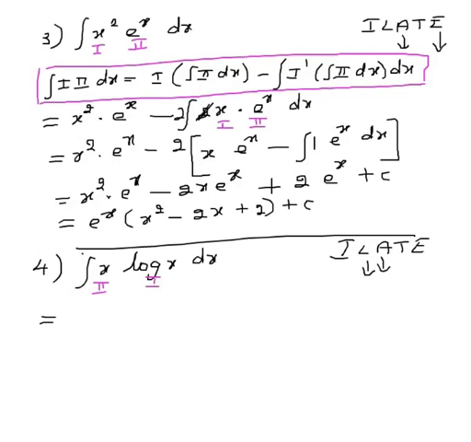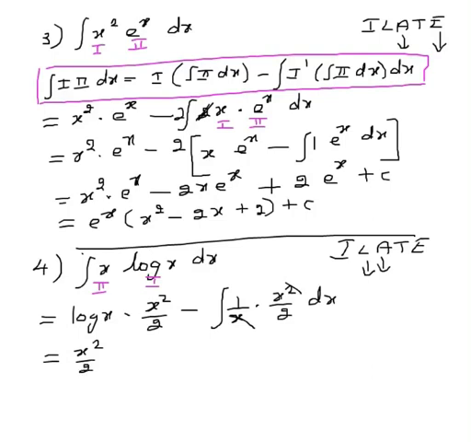First function into integral of the second function. Integral of x is x square divided by 2 minus integral differential of the first function. Differential of log x is 1 by x times integral of the second function dx. Let us simplify this.